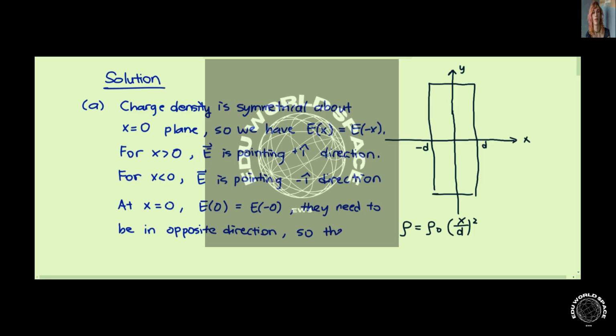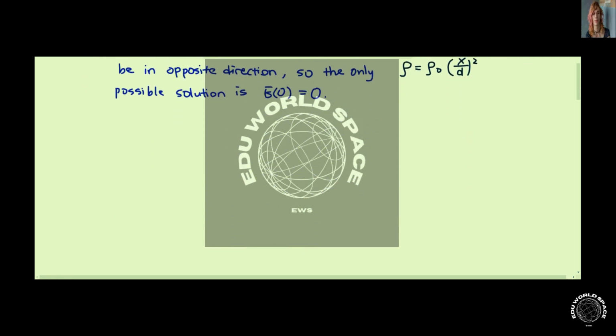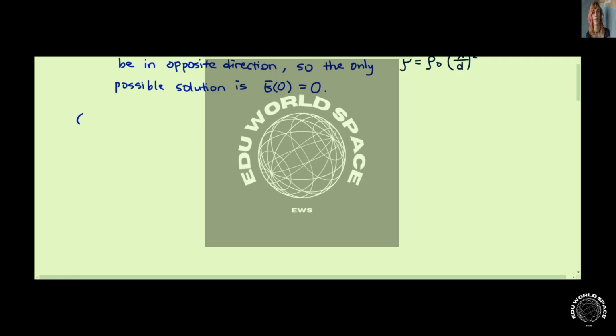The only possible solution is E(0) equals 0. Being symmetrical is one thing, and they also point in opposite directions, so at x equals 0, E must be 0. Then in part B we need to find the electric field everywhere.